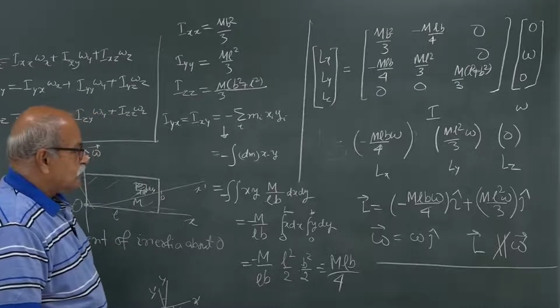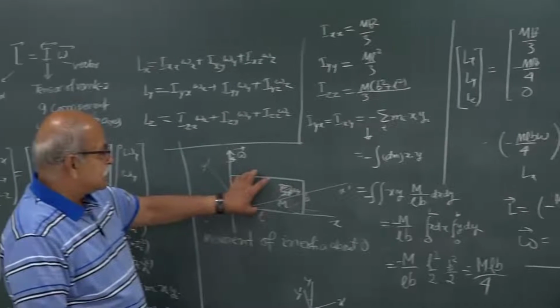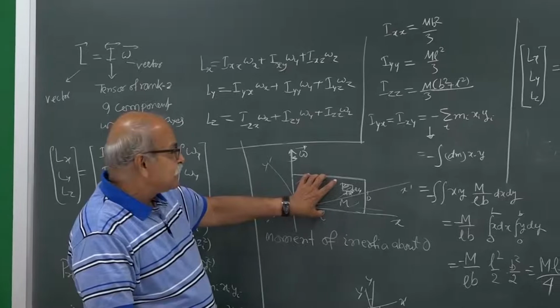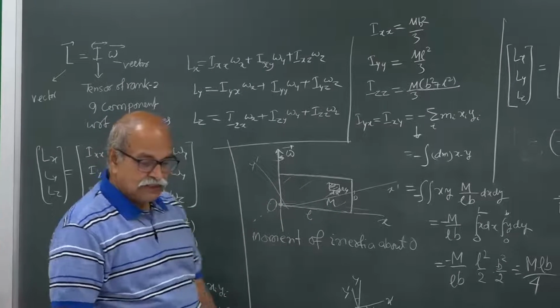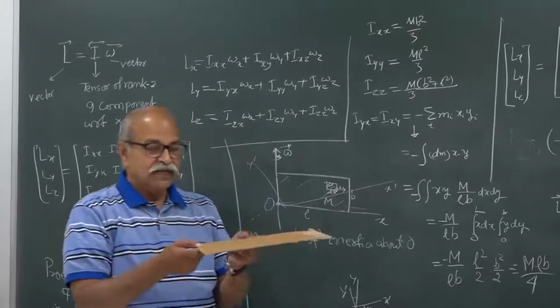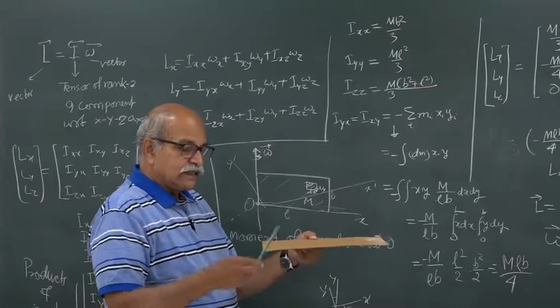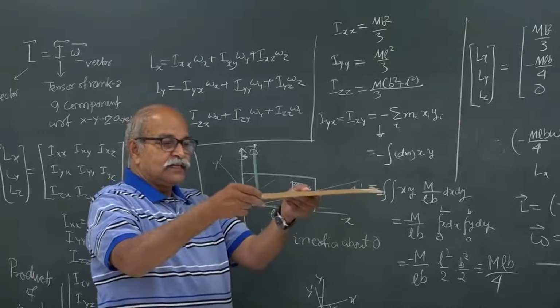Let us take another example, the same story, the same system, the same plate, but this time let us rotate it about the z axis. So, that means, if this is a plate and if this is x axis, this is y axis and this is z axis, it is rotated about this z axis.